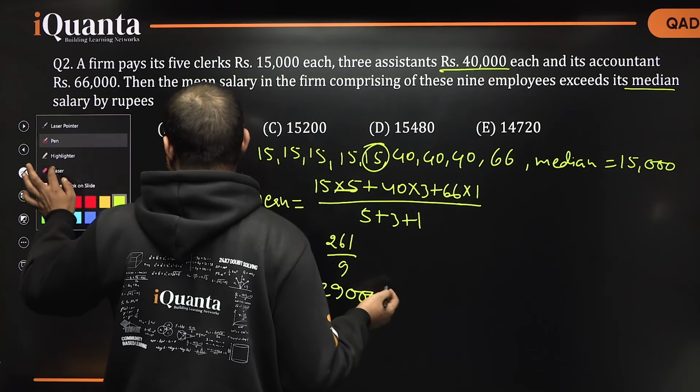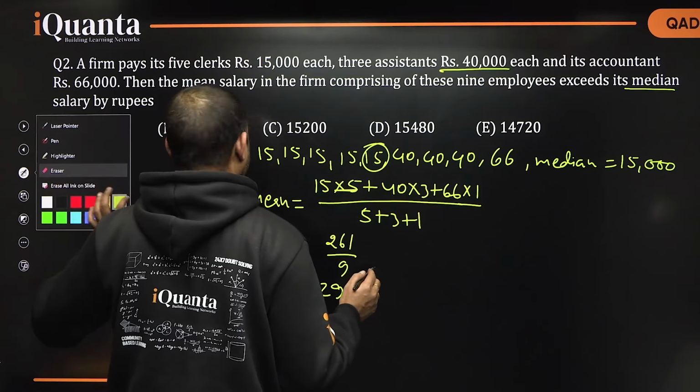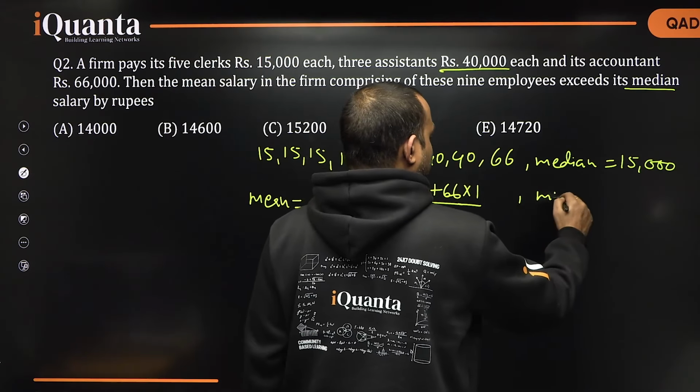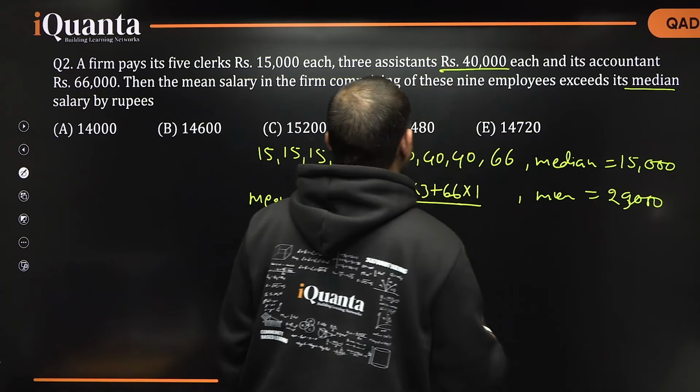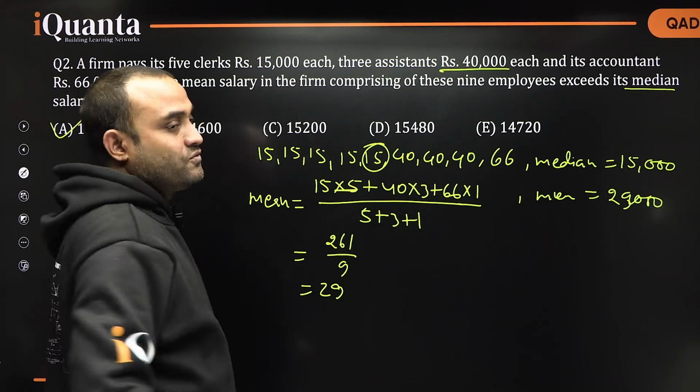So the mean is equal to 29,000, and the difference will be exactly 14,000, which is option A.